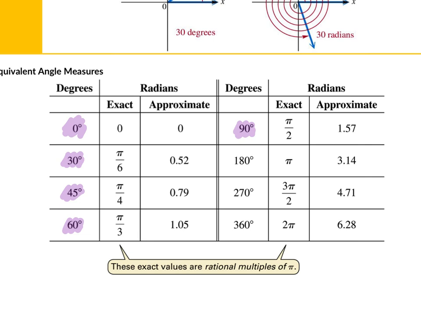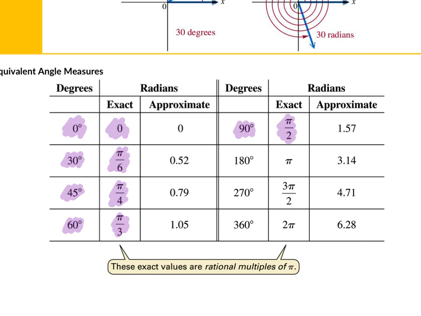Well, now I need you to automatically know the exact radian values for each of these special right triangles and my quadrantial angles for quadrant 1. We just need to know these back and forth. So if I say 30 degrees, you should know immediately I'm talking about pi over 6. These are going to be something that will show up on your next formula quiz, these exact values.